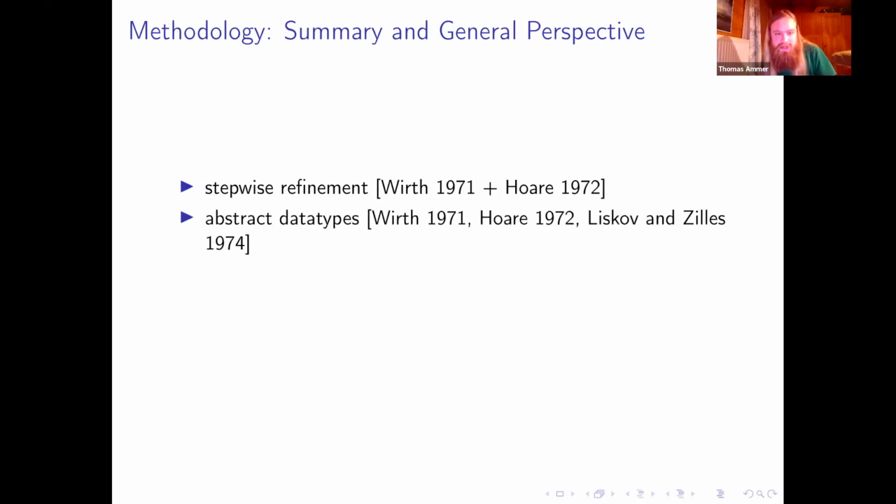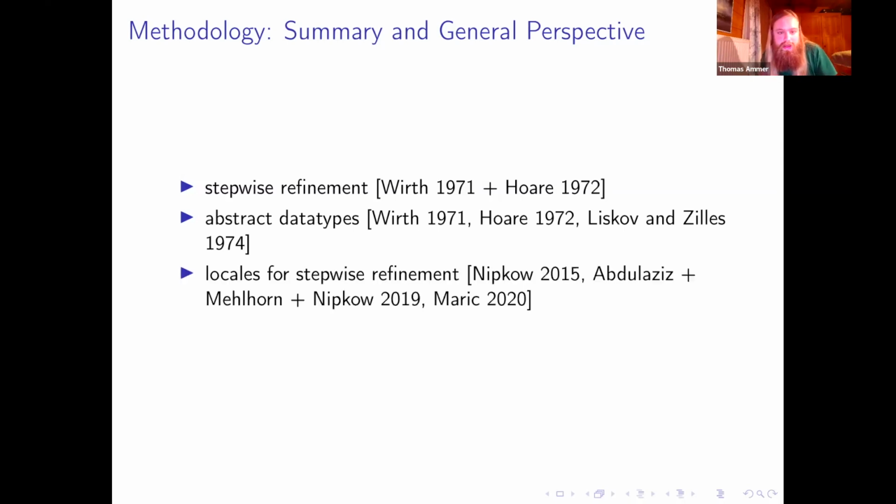Then we also have abstract data types, which means we just specify the behavior a set implementation, for example, should have, and later we give implementations for that, for example, red-black trees, but we just work with the specification, and based on that, we perform all our proofs. And then other authors used locales for stepwise refinement as well. So the work I'm presenting here is not the first example for that.